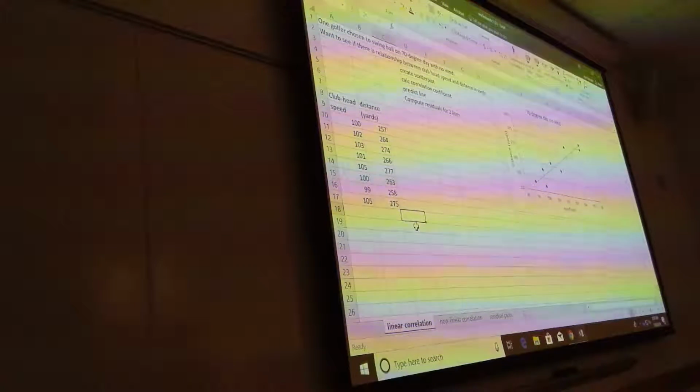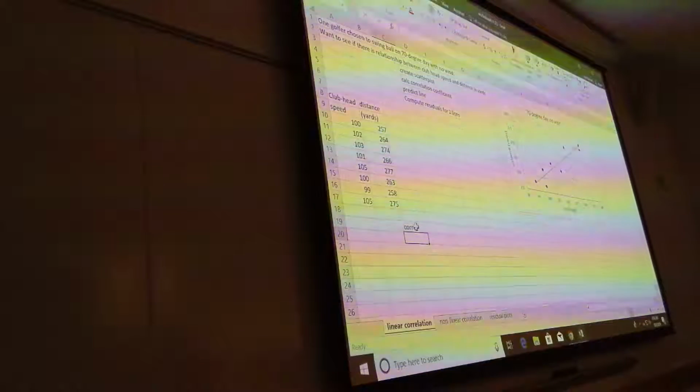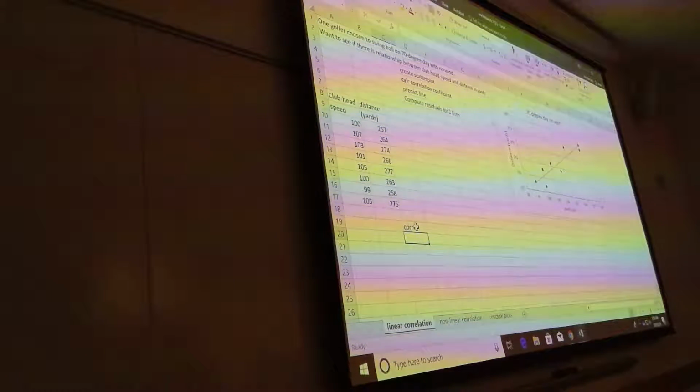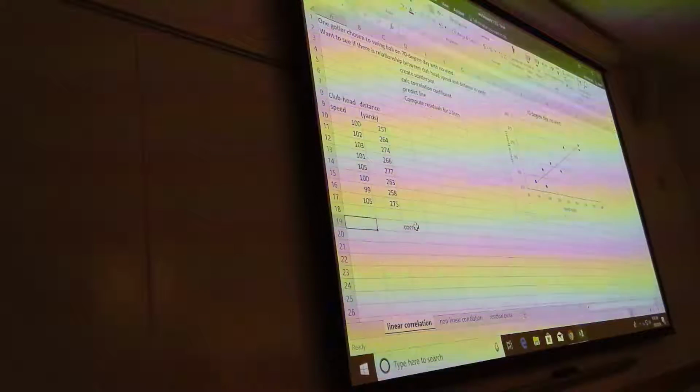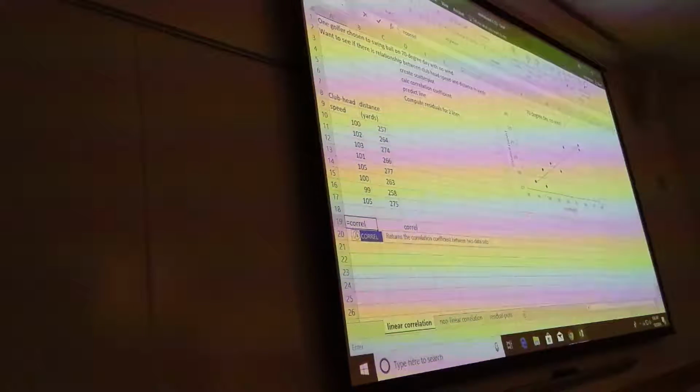We need to know the correlation coefficient, right? And because I don't want to waste a lot of time on this, I'll let you use the cheater method on this test, okay? Because you've all proven, most of it, how to find the correlation coefficient. Do you remember how to find that, Kennedy? Equals CORREL.